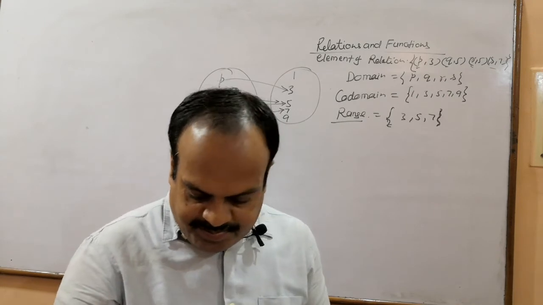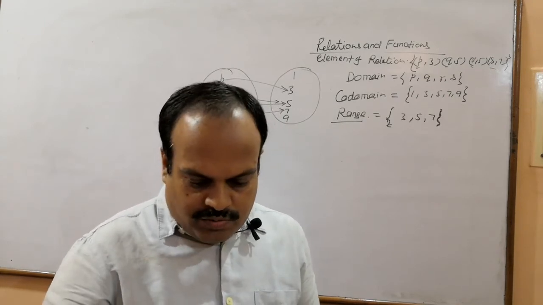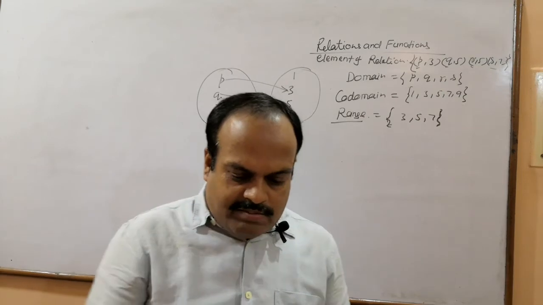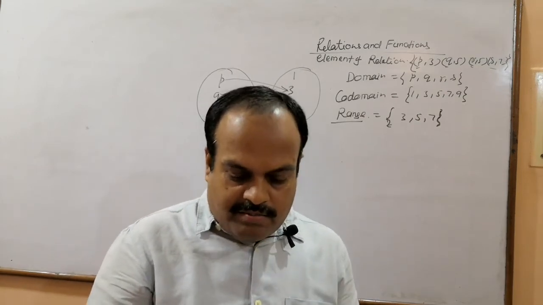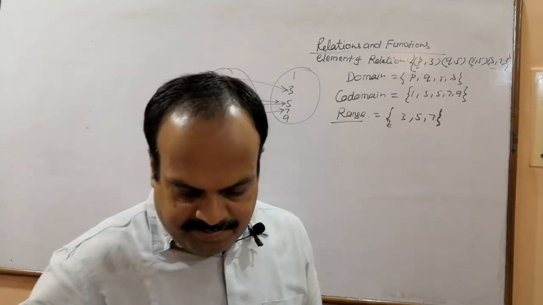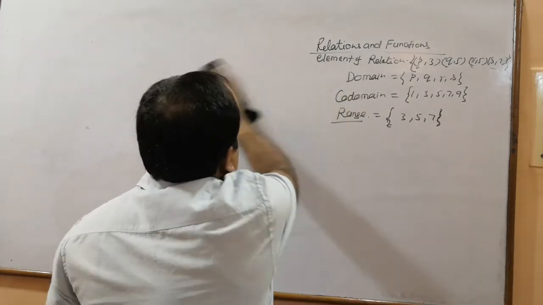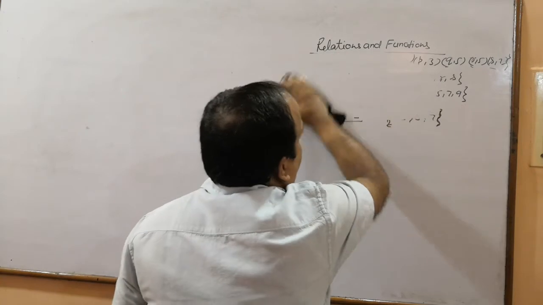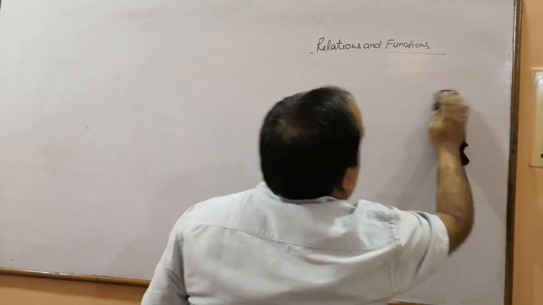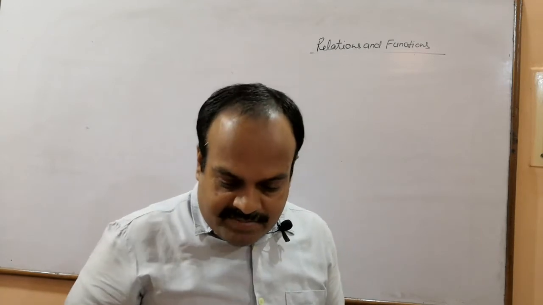Next, question number 2. Each of the following are relations from B to A. Okay, B to A. Let us understand question number 2. For that we need to go through the question carefully.